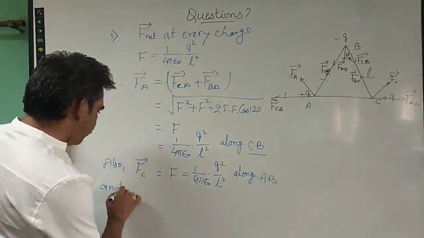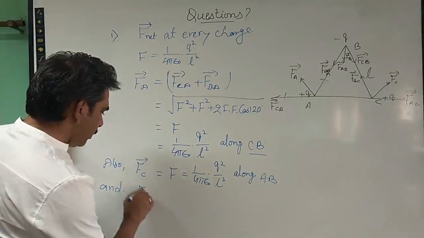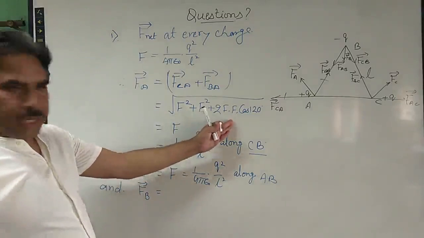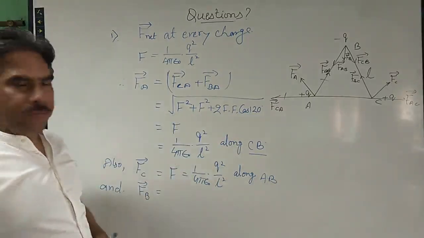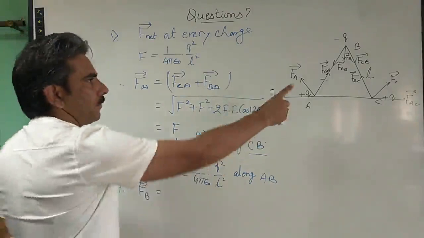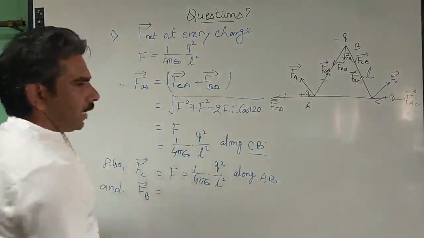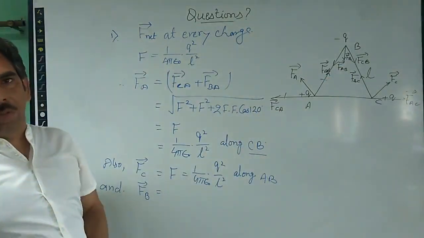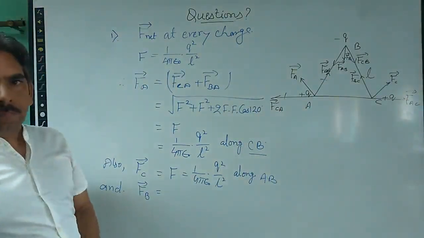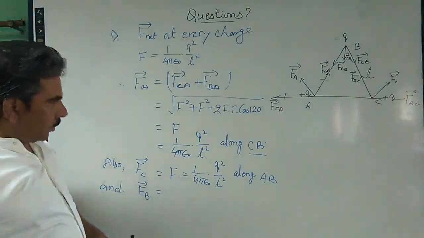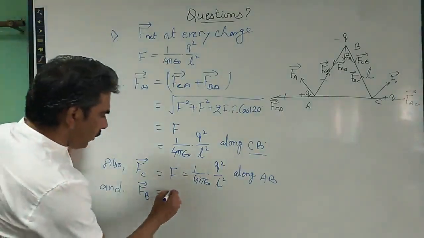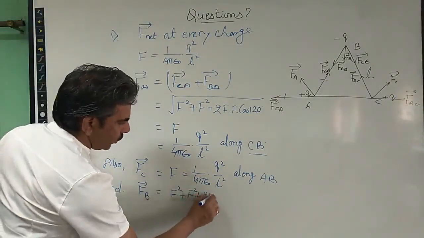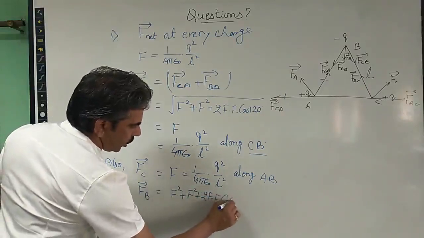And also the force on the charge placed at B, you can do the same calculation here by the parallelogram law of vector addition, and you can find out the net force FB also here. So here the angle is not 120 degree, it is 60 degree, whose cos is under root 3 by 2, right? So the value that comes here is given by under root of F square plus F square plus 2 into F into F cos 60 degree.